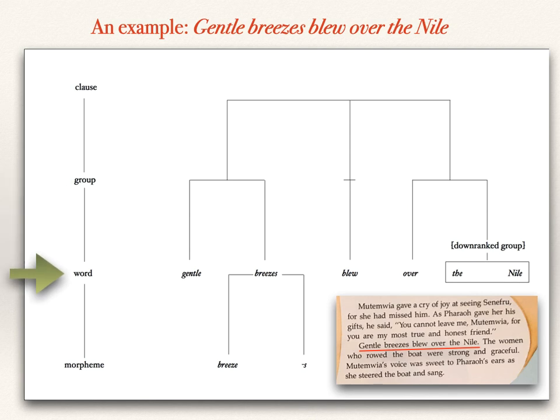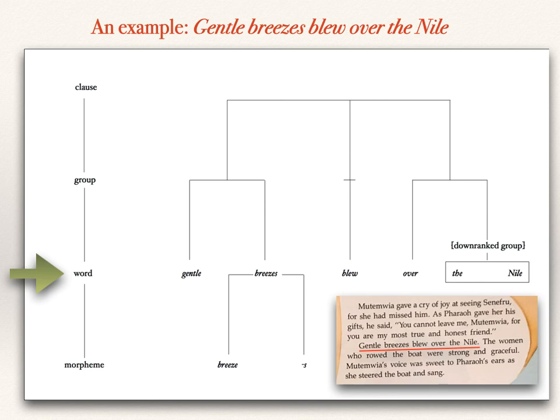Words, in turn, consist of 1 or more morphemes. And I took the example of breezes that consists of 2 morphemes, breeze plus z. Now you have interesting cases like blew. And if you recognize that blew is the past form of blow, and you think, well, oughtn't it to be blowed?